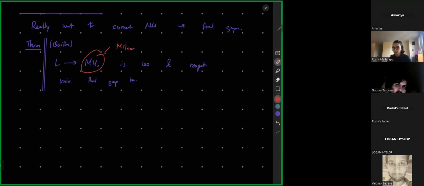The hard part is showing that this map, which comes from sending the universal formal group law on the Lazard ring to the formal group law on MU star, is an isomorphism, to the effect that the formal group law on MU star is the universal formal group law.